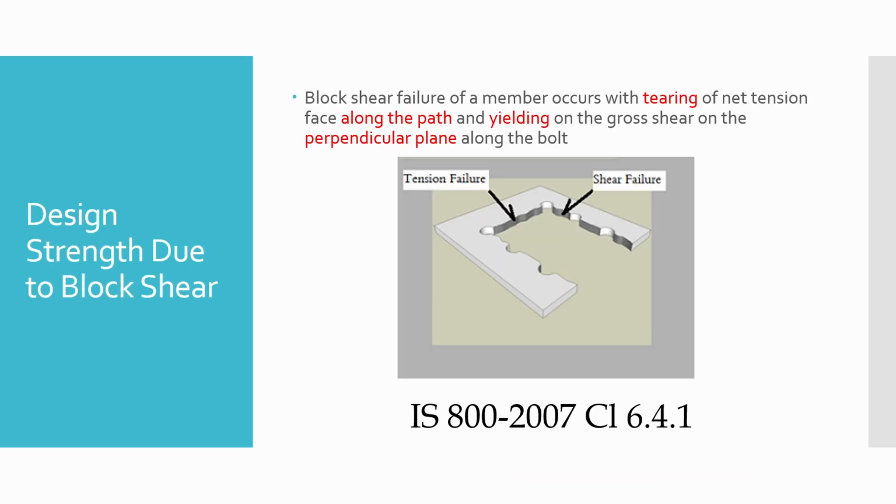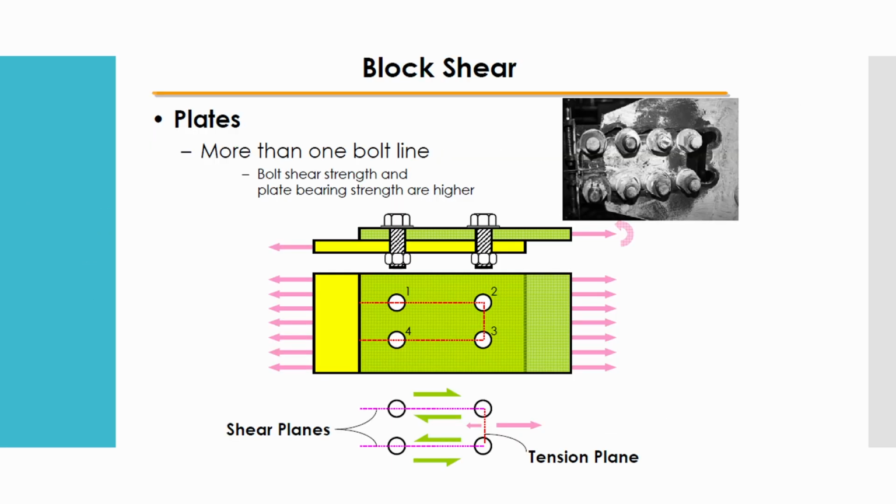The design strength against block shear is calculated considering both tension and shear components. According to IS 800:2007, clause 6.4.1, both yielding in shear and rupture in tension must be checked.